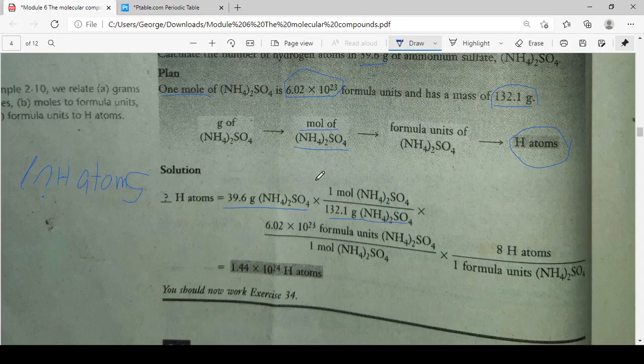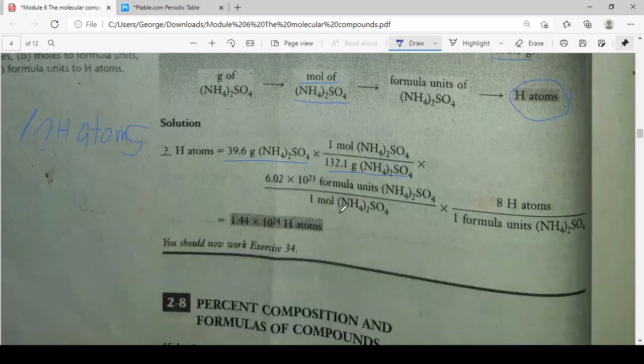It is your formula weight, FW, because it is in grams.